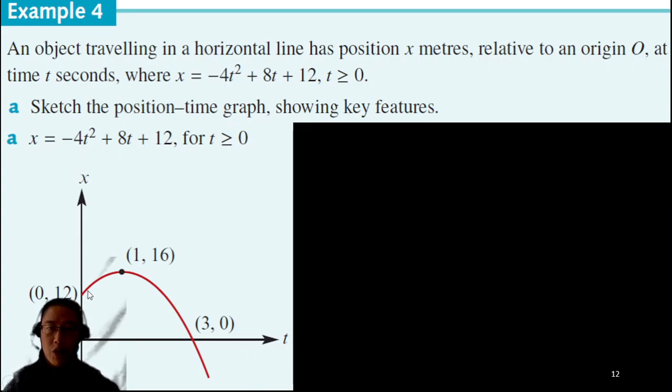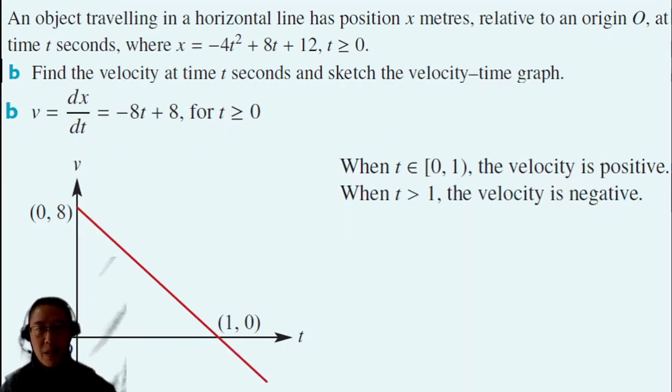So it's a quadratic. When you differentiate, that gives you a linear. So your velocity is going to be a straight line. And the derivative of a straight line is a constant. You end up with a constant acceleration. Right. So those are ideas you need to keep in mind quickly, so you get an estimate of what your graph will look like. You differentiate. So here is your straight line.